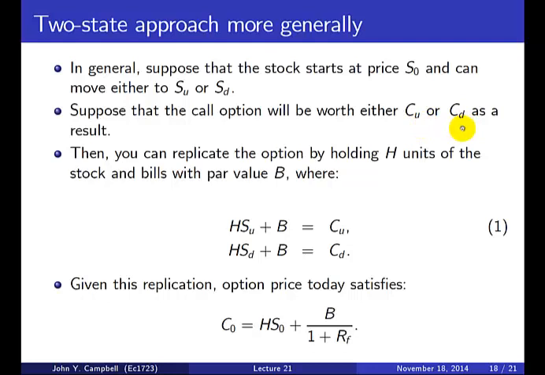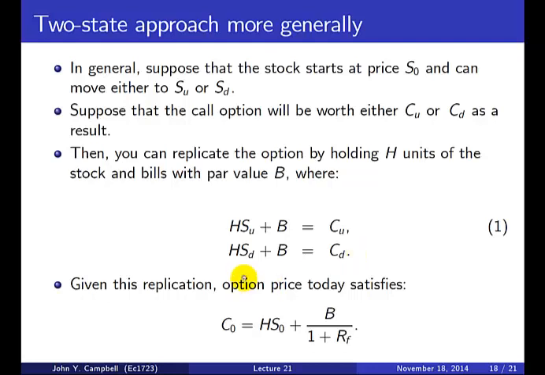Well then, to replicate the option, you hold H units of stock and bills with par value B, which can be negative, which would mean borrowing, where H times SU plus B has to equal CU. In other words, the value of the stock plus bills or borrowing in the good state is the good state value of the call. And then in the bad state, we have H times SD plus B equals CD. So again, in the down state, the value of this portfolio equals the value of the call.